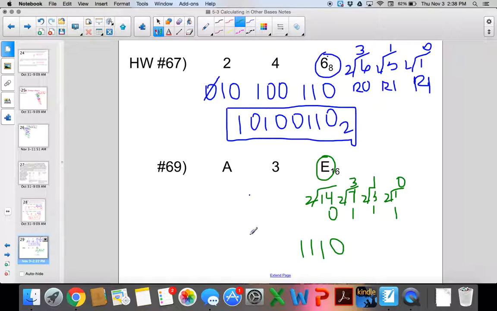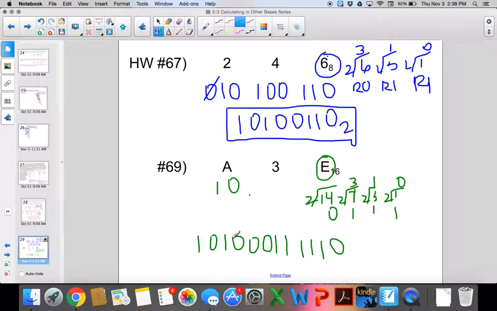So to get 3, you would have 0 times 2 to the third, 0 times 2 squared, plus 1 times 2 to the first, plus 1 times 2 to the 0. And A, or 10, would be 8 plus 2.